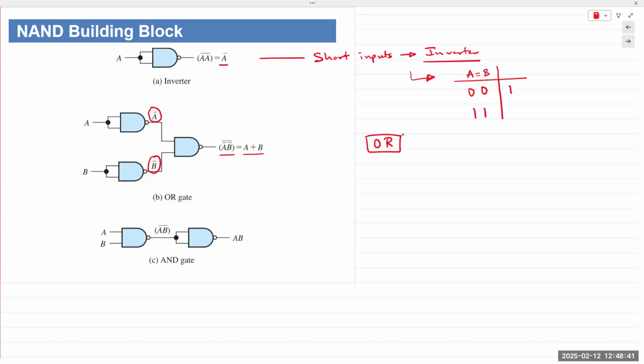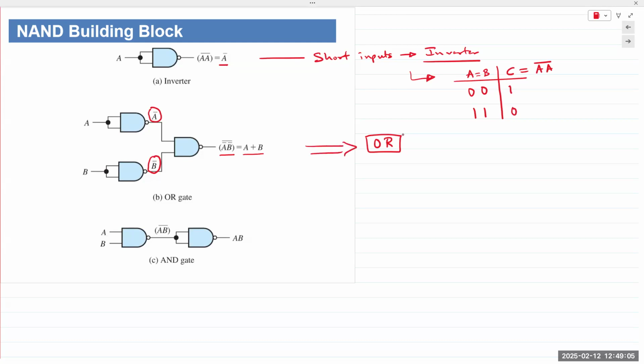If you apply 1, both inputs are 1 and 1, you get a 0. So the output is inverted. Right? Output's inverted.